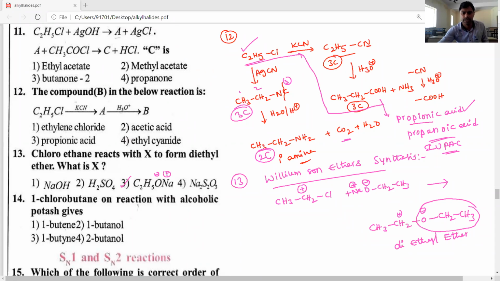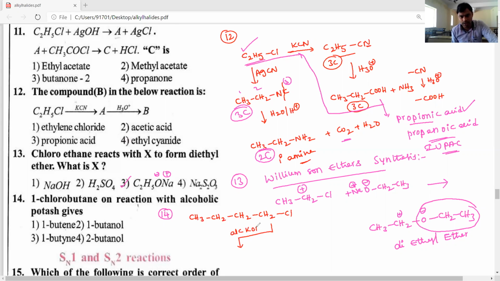Next question, let's see the 14th question. 1-chlorobutane, CH3 bond CH2 bond CH2, 3 carbons, now the fourth carbon bond Cl. Okay, this 1-chlorobutane is treated with alcoholic potash.